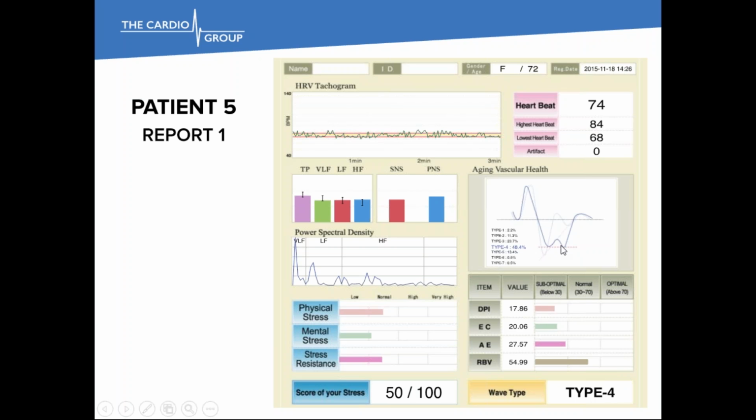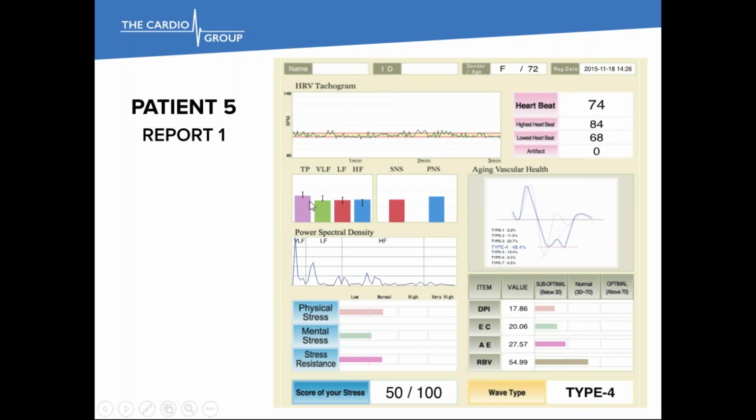And what we're thinking here is that this person has significant endothelial, potentially anatomic, disease superimposed on the physiology of the arteries. So it would be interesting for us to see if we could actually improve that waveform using some of the things that we know will improve endothelial function.